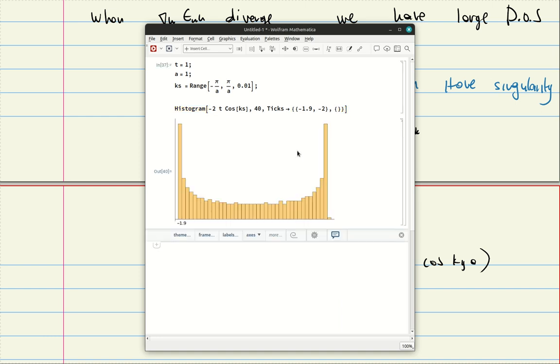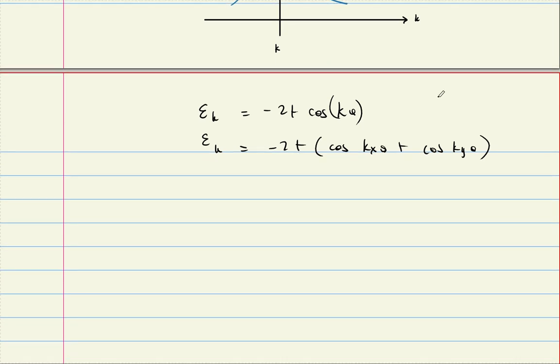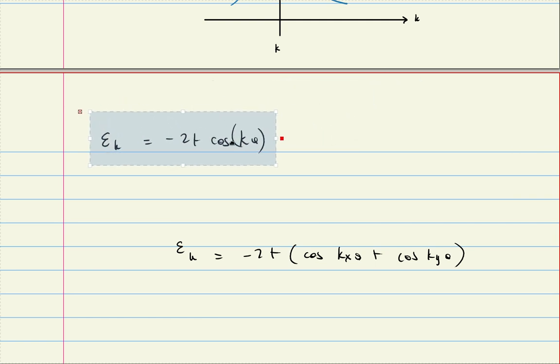Something like that. And here, this band, the first example, is a simple cosine. Let me pull this aside. It's something like that.